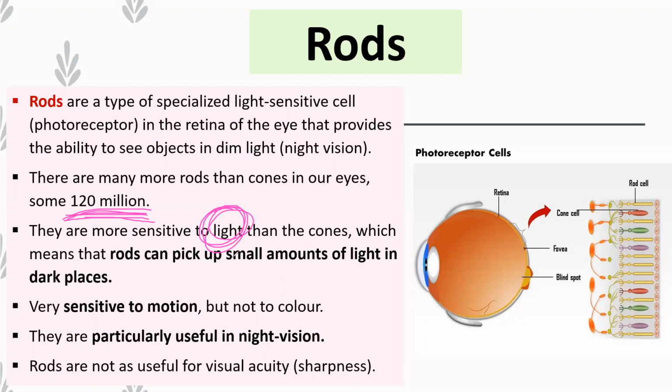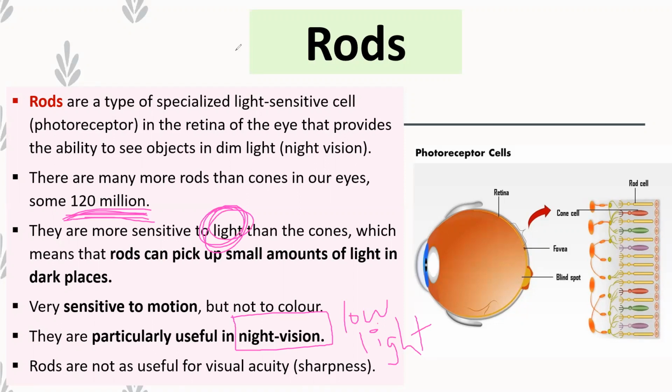This means that if we see a moving object, our rods are more likely to be active than our cones. As I gave this comparison before, rods are not really useful for sharpness of images, but they are very useful for night vision when there are very low levels of light or brightness in the environment. Okay, so those are our rods.